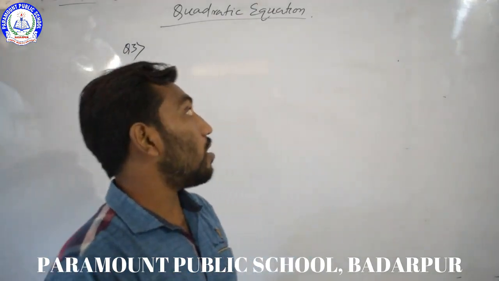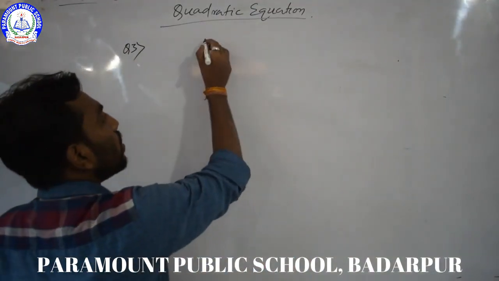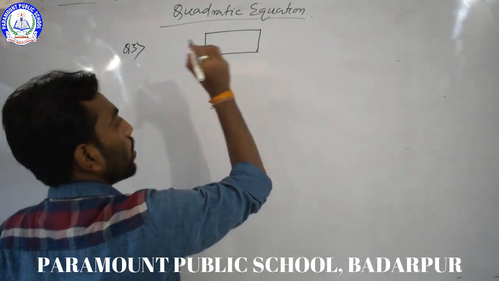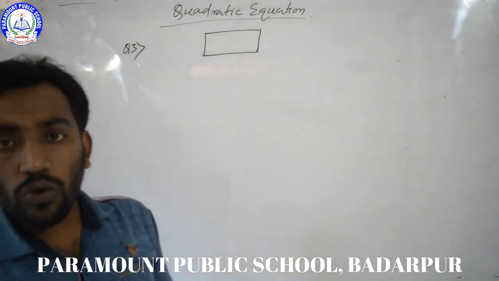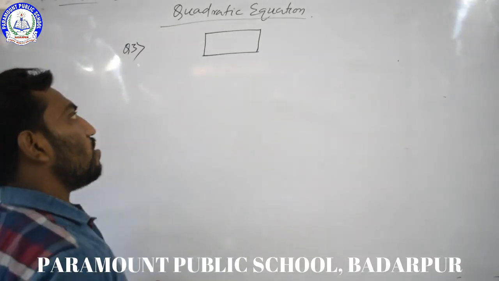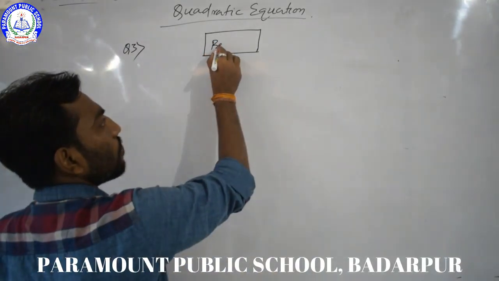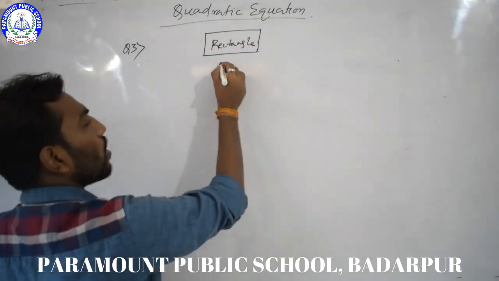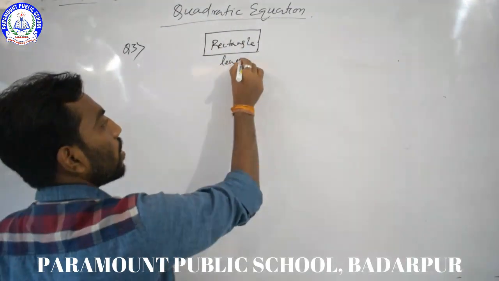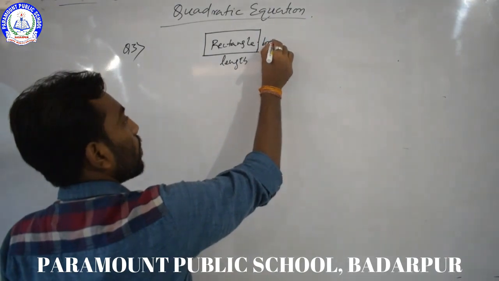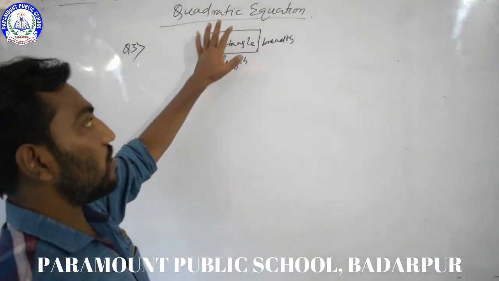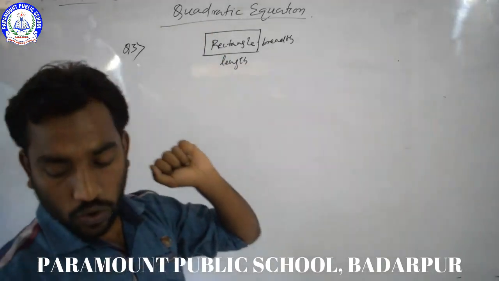They are telling, can you design a rectangular mango grove? Suppose this is our rectangular mango grove. So we know, since the figure is given, this is a rectangular figure. So a rectangular figure consists of length and breadth.